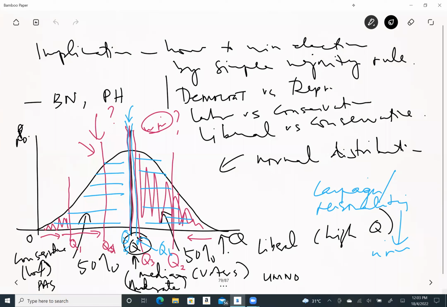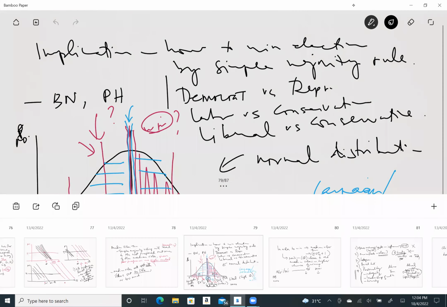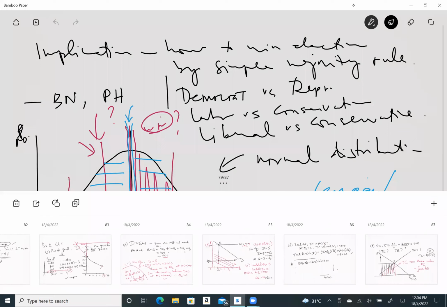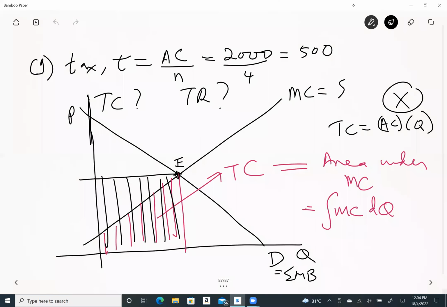So we argued last time, if you have these two parties, the party with the position closer to the middle, to the median, has a higher tendency or higher probability of winning the election. So I draw another diagram, more compact.